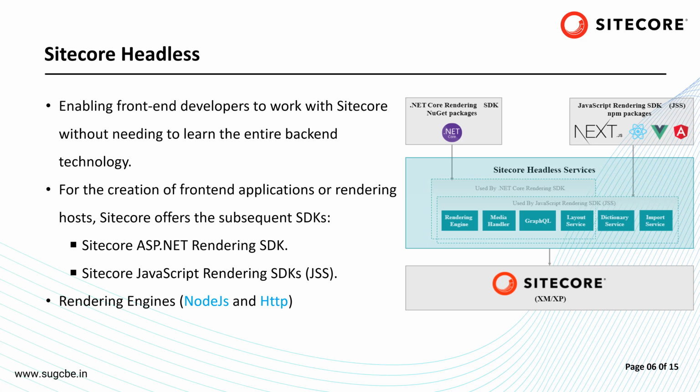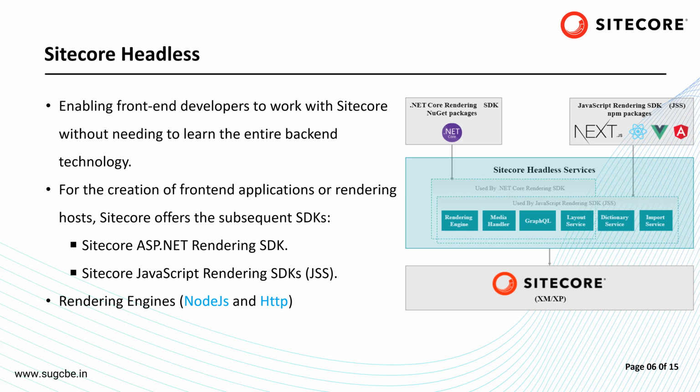Using this, with the help of Sitecore JSS, you can create any React, Angular or Vue.js application, and you can host that in the Node.js rendering engine. That application is called a rendering host application. And for this, you need to have a separate Node server in order to compile your rendering host application. You have to keep that in mind.